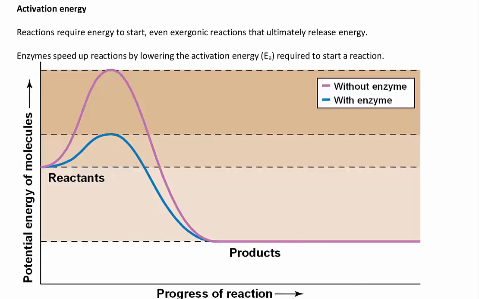So this graph represents how enzymes reduce activation energy, which is also often represented as E with a subscript A underneath it. So on the y-axis, you've got the potential energy of the molecules. And on the x-axis, you have the progress of the reaction, going from reactants to products.